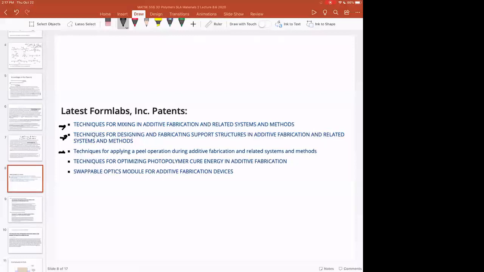Techniques for peeling, and so how do you peel the part off of the window? That's important to Formlabs. They have a wiper system right now, but certainly that's not all that's possible. Techniques for optimizing curing energy and swappable optics. So this is a lot of different things that they're working on.